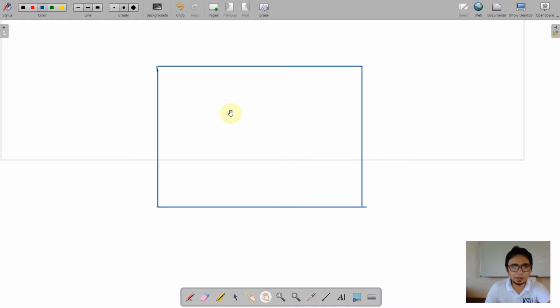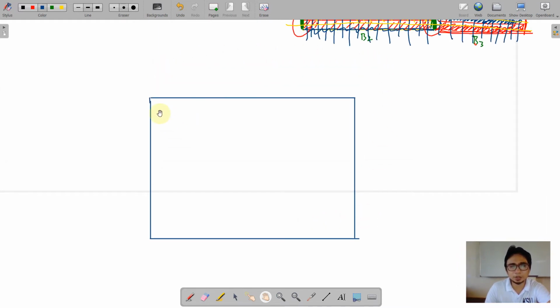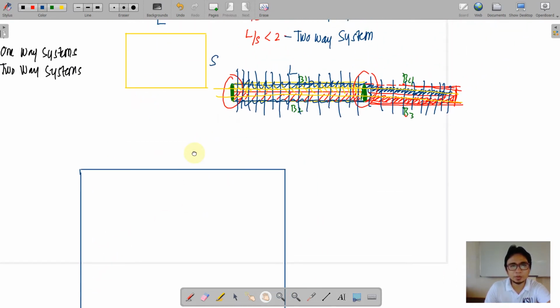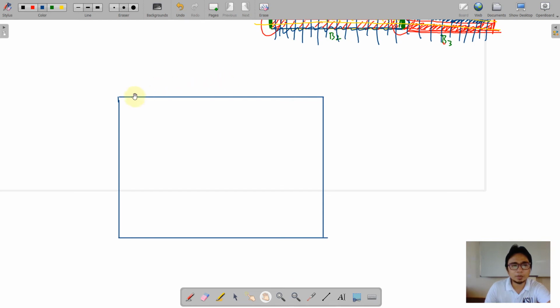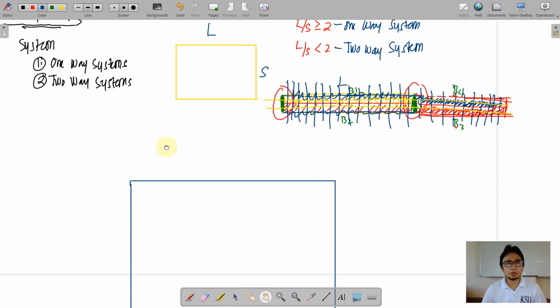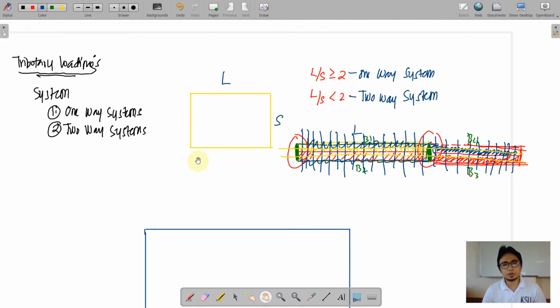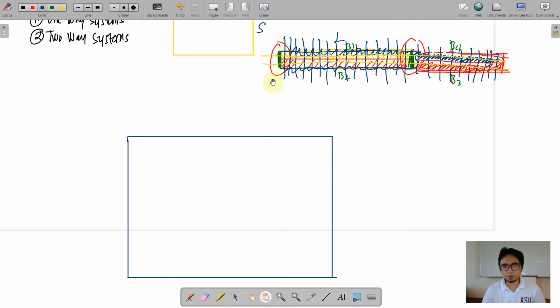Or it may be that both dimensions are equal, so there will be no longer and shorter span. It could be equal. In short, in a two-way system, we have more of a square shape. In the one-way system, we have an obvious rectangular shape.